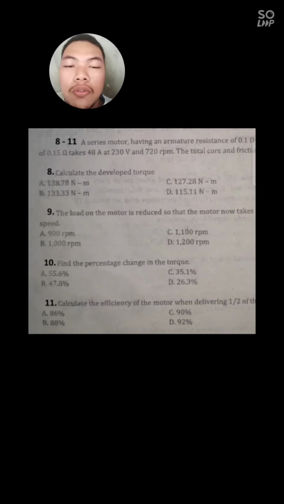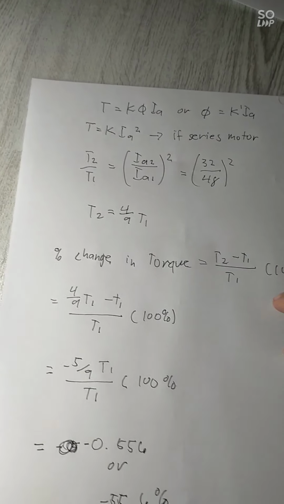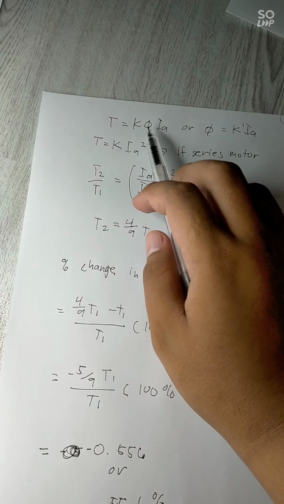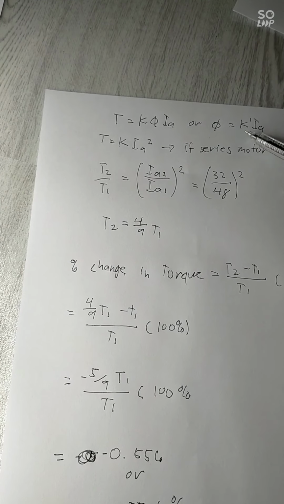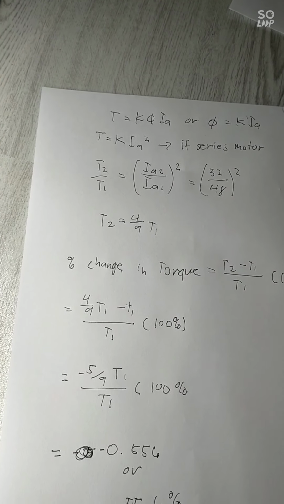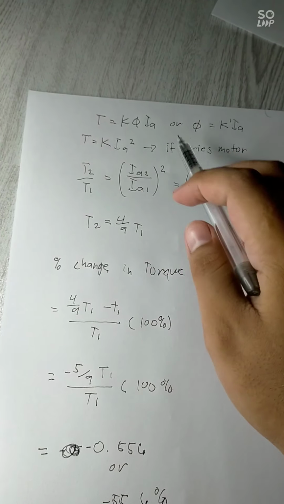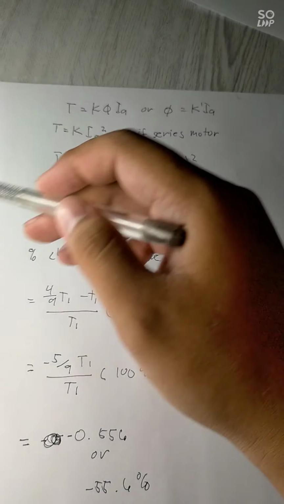So let's solve this one. So mao ni ang akong solution. So natay formula nga T equals to K flux IA, or flux equals to K prime IA. So natay formula nga T equals to K IA squared kung series motor. So let's proceed.